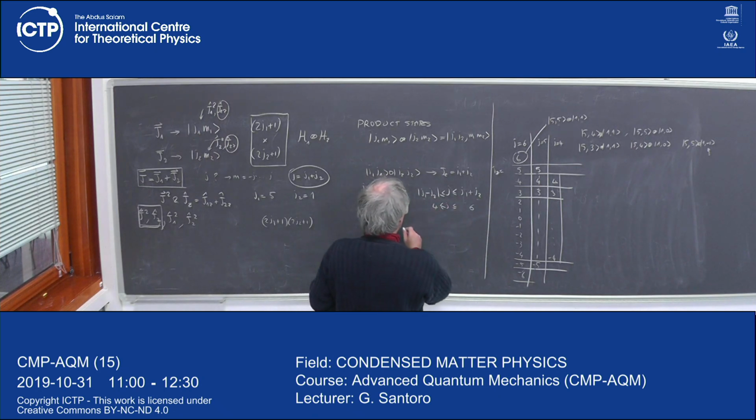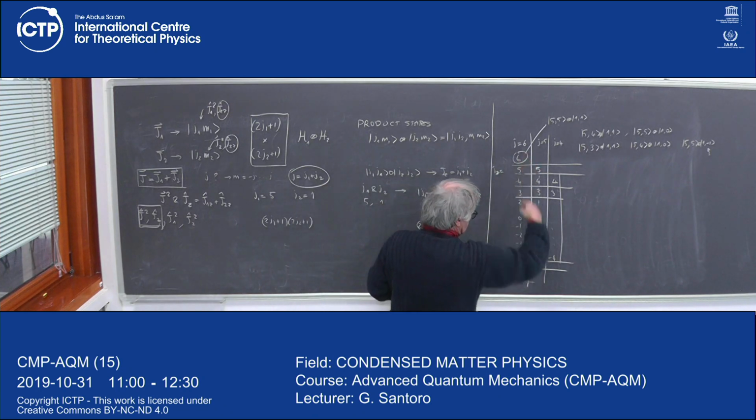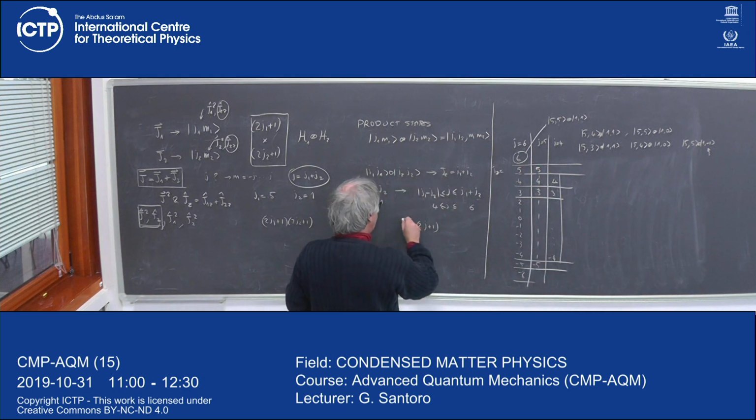Well, for every j included in this interval, I have 2j plus 1 elements, right? For j equals 6, 2 times 6 plus 1. For j equals 5, and so on. Okay, so I have to sum this object from j equal j1 minus j2, let's assume that j1 is greater or equal to j2, to j1 plus j2. Okay?